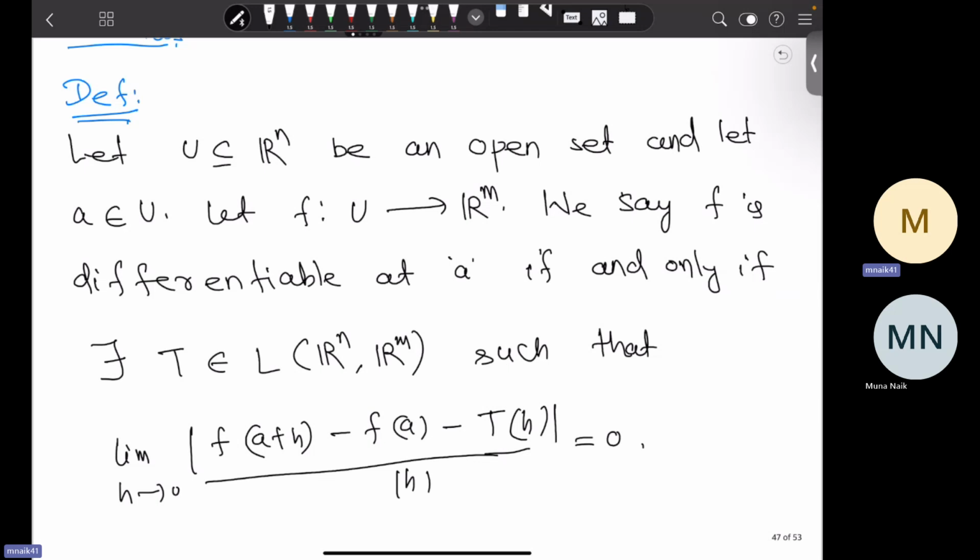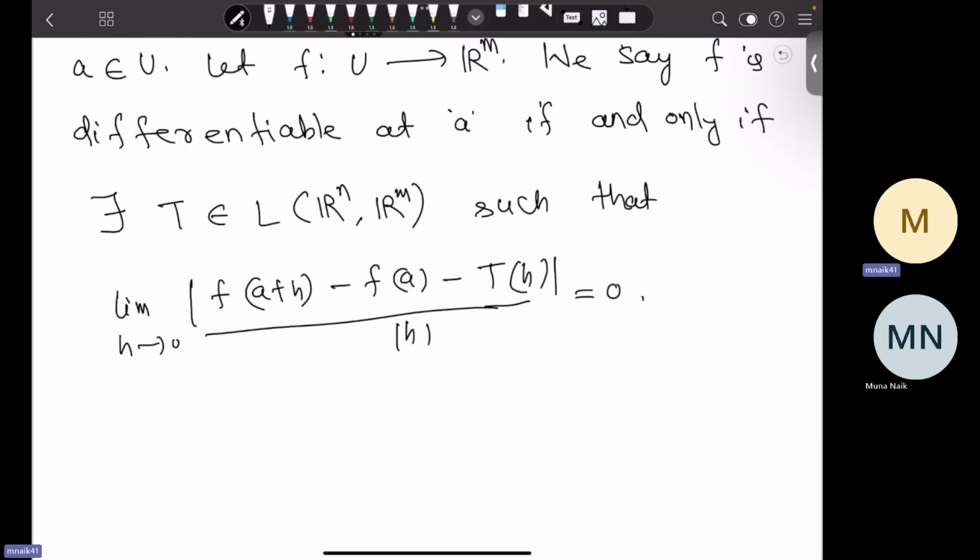Okay. So let U subset of Rn be an open set containing A. Let f be a function from U to Rm. We say that f is differentiable at A if and only if there exists a linear map T from Rn to Rm, so that limit h tends to 0 of norm of f of a plus h minus f of a minus T h by norm of h is equal to 0.